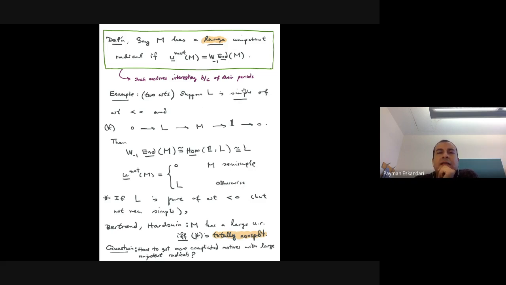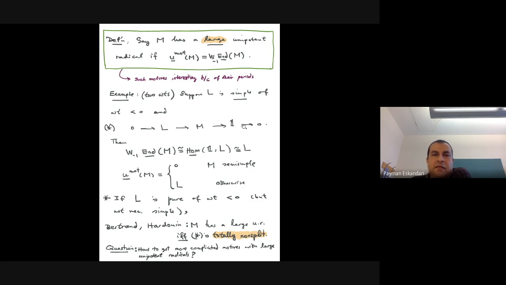Now, here we assumed that L was simple. Suppose that L is still pure of negative weight, so just one weight, and that weight is negative, but no longer assume that L is semi-simple. Then, by works of Bertrand and Erdogan, one knows that M will have a large unipotent radical if and only if this extension here is totally non-split.